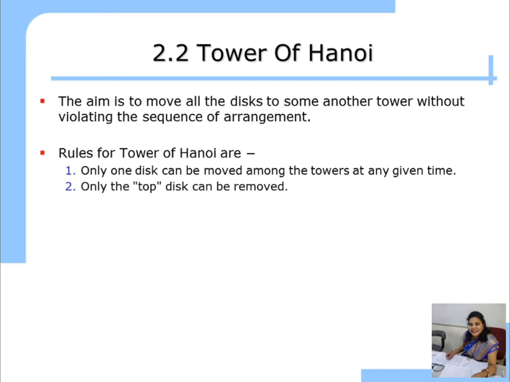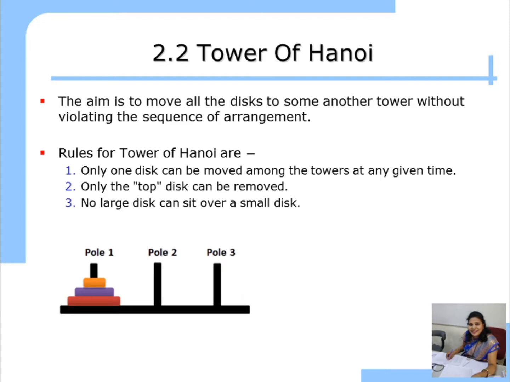Why? Because by the definition of the stack, insertion and deletion take place at only one end, that is the top. And the last rule is no large disk can sit over a small disk. You cannot put large disks on the small disks. You can always put small disks on the large disks. So this is what the problem is.